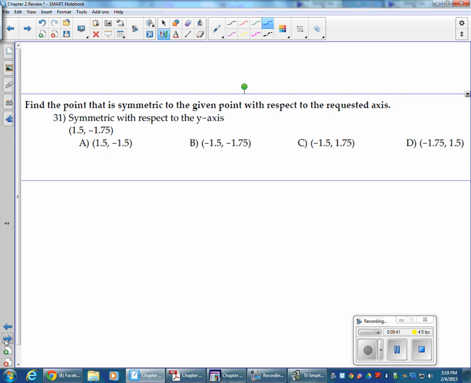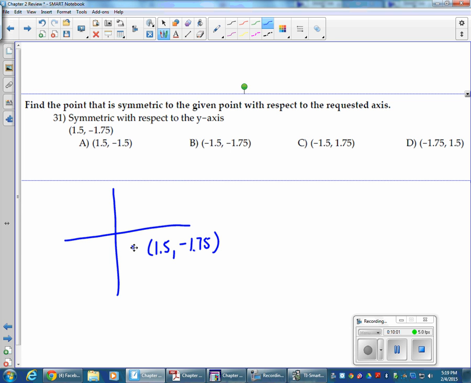What if I have the point 1.5, negative 1.75, and I want to make it symmetric to the y-axis? Okay, kind of plot this point a little bit. 1.5, negative 1.75. I'm going to write it right here, and I may not have it exact, but I just kind of know where it is. You're going to need to graph these questions.